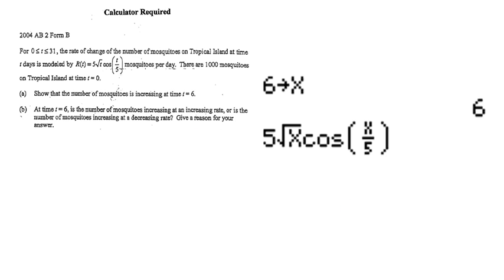Next, we have this function. We're going to enter 5 square root of x cosine, making sure our calculator is in radians, x over 5. We just entered this function, which takes into account replacing this x with 6.